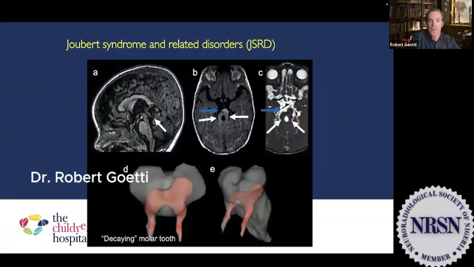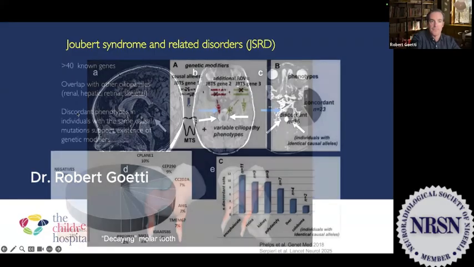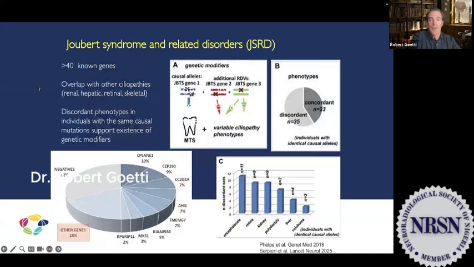We can also have an asymmetric molar tooth, where we have a molar tooth sign and an abnormal pons, and this has been termed a decaying molar tooth and is also a part of the molar tooth spectrum and also defines Joubert syndrome. So Joubert syndrome, as mentioned, is defined actually by the MRI finding, and there are more than 40 genes that can cause it.